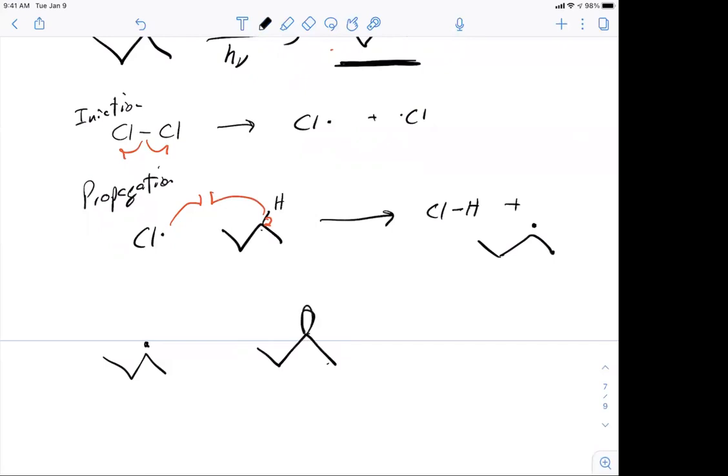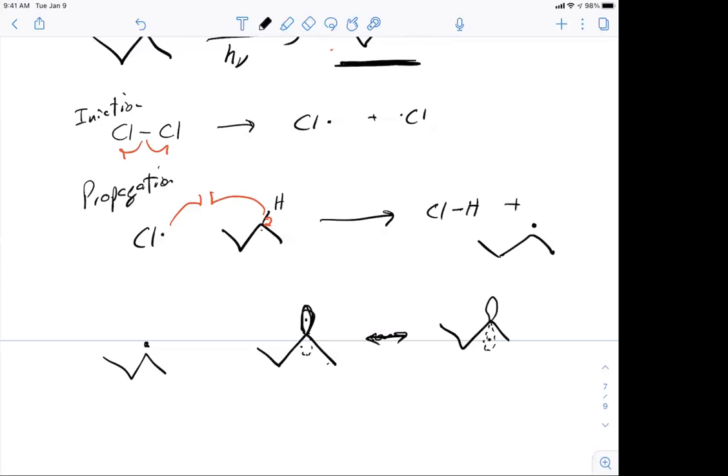Okay, so we could have the radical above, or we could have the radical below. Now, this is not a bond to an atom. This is an electron. So this can go back and forth without any problems. This is just an electron, and which side that electron is going to be on.